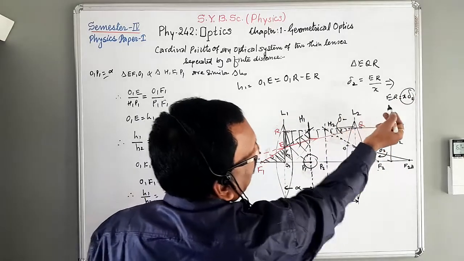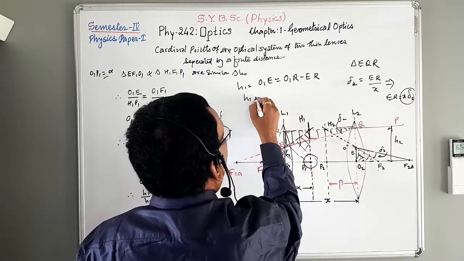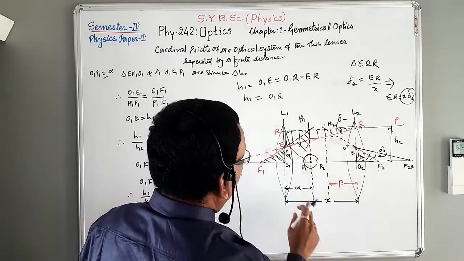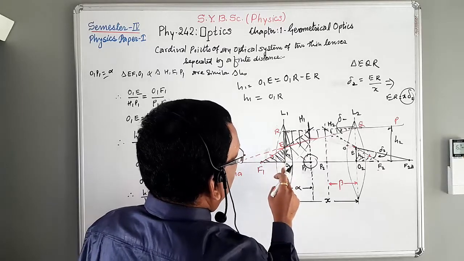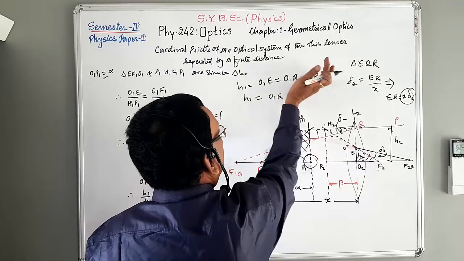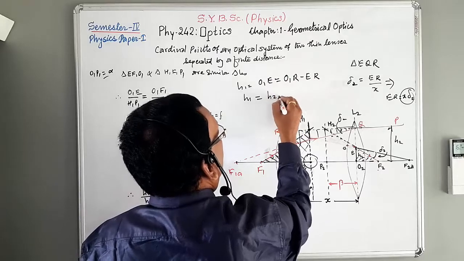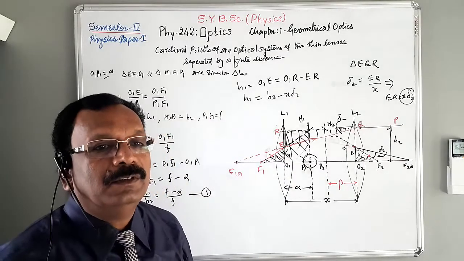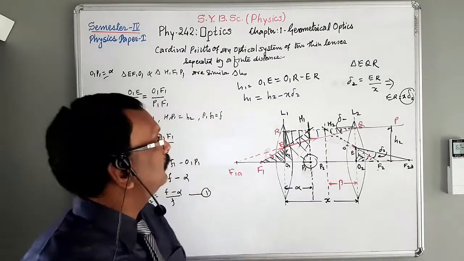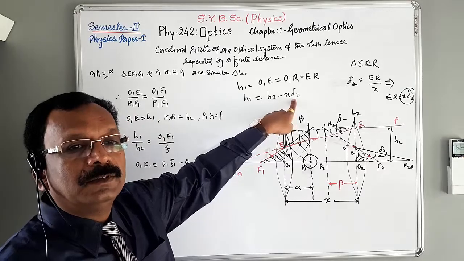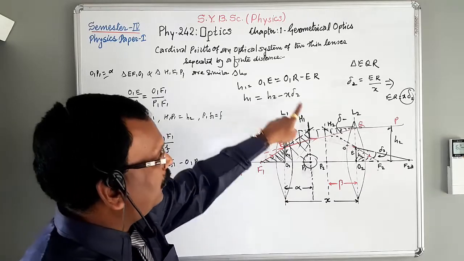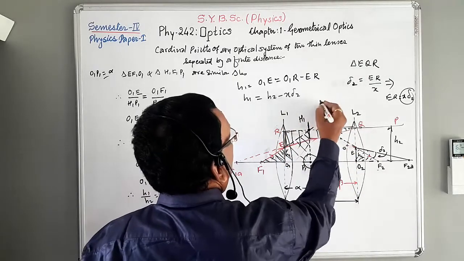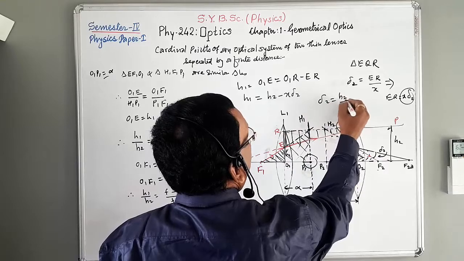Substitute this value of ER in this equation, we have h1 is equal to O1R minus x delta 2. What is O1R? It is h2. Now, delta 2, the deviation produced by the second lens, is equal to h2 upon f2.